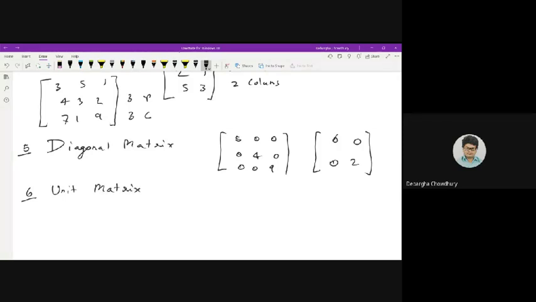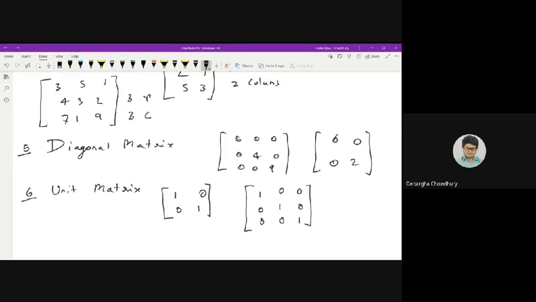The unit matrix is basically a type of diagonal matrix where the diagonals are one and the rest of the elements are zero. So this is an example of a unit matrix. Also, let's say 1 1 1 on the diagonal, and the rest of the elements are zero. This is also a unit matrix. Okay, understood?